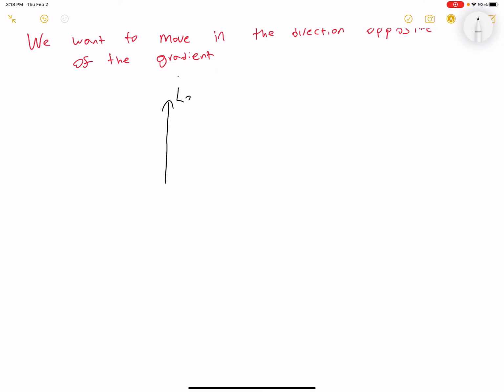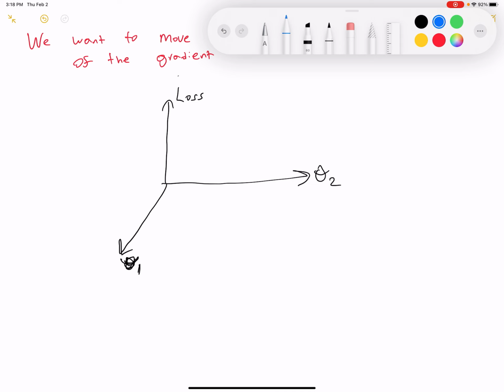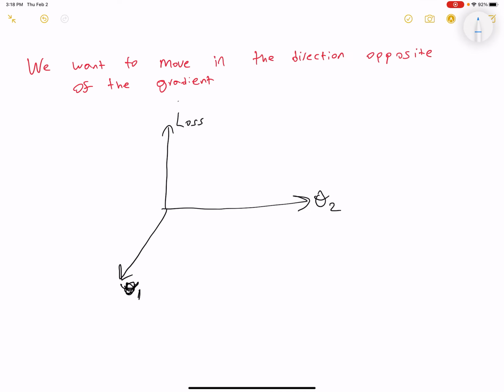So loss, parameter value 2, parameter value 1, and let's draw it like that, so it's clear that we can see where the loss is lower pictorially, even though this is an abstract picture.